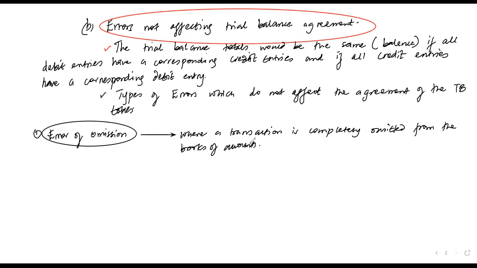So meaning that if we omit a transaction from our books of accounts, there will be no debit and there will be no corresponding credit. So this does not affect your trial balance agreement because a transaction has been completely omitted. Your trial balance totals will still be the same if there was a transaction that was omitted.